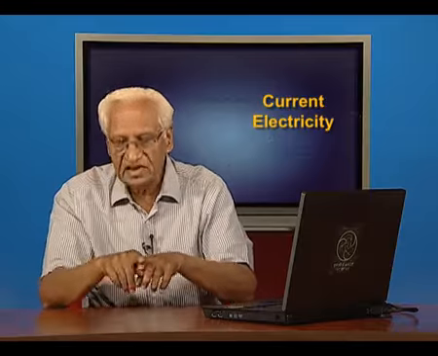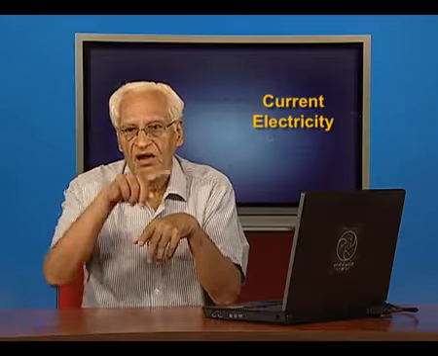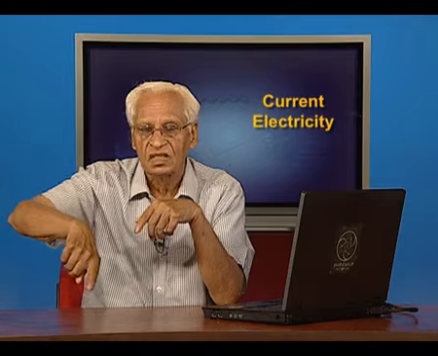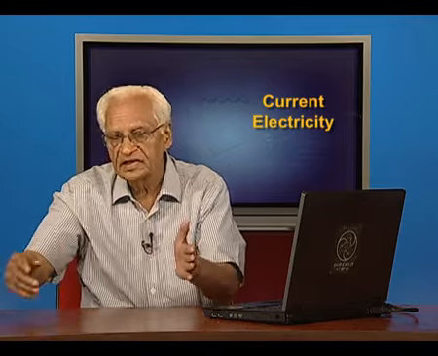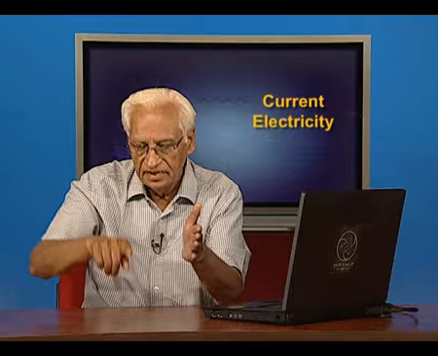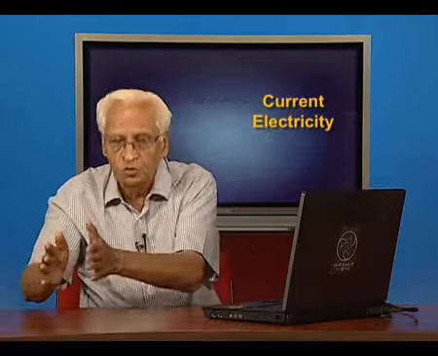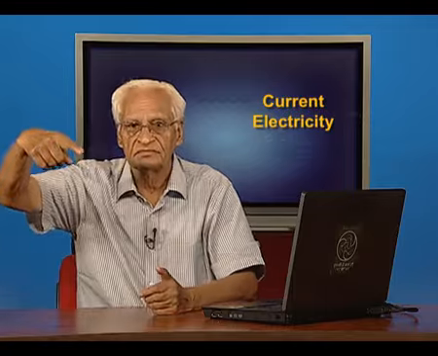So, when we are dealing with a loop, we either go clockwise or anti-clockwise, and this has to be done consistently. If you have two loops, then in one you can go clockwise, in the other you can go anti-clockwise, but in one loop you must go all the way, either clockwise or anti-clockwise.